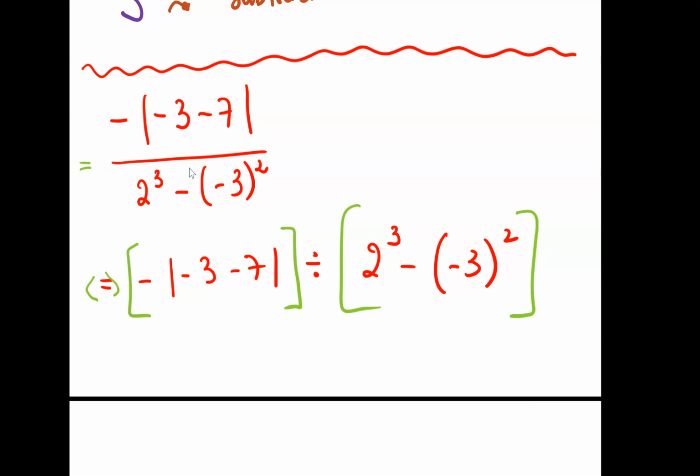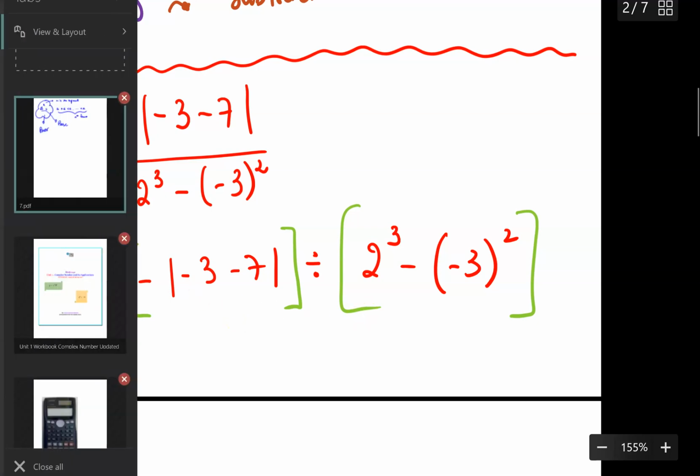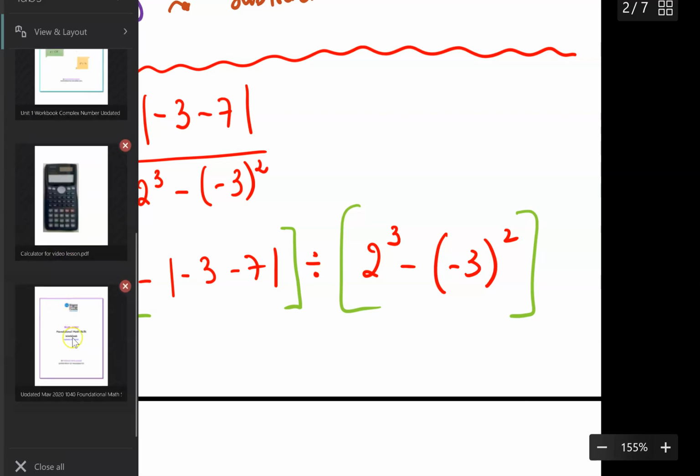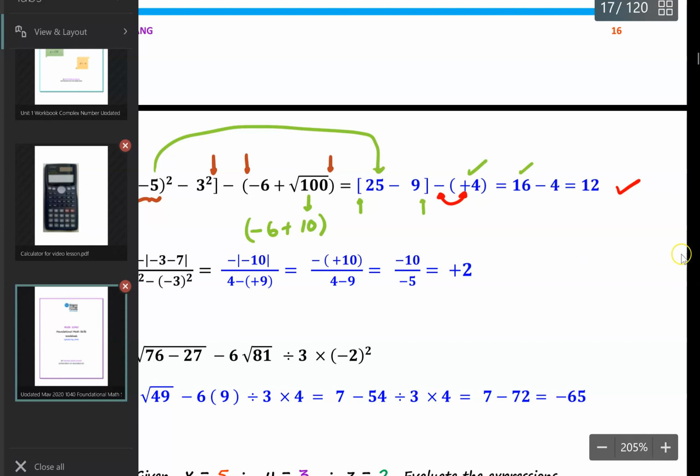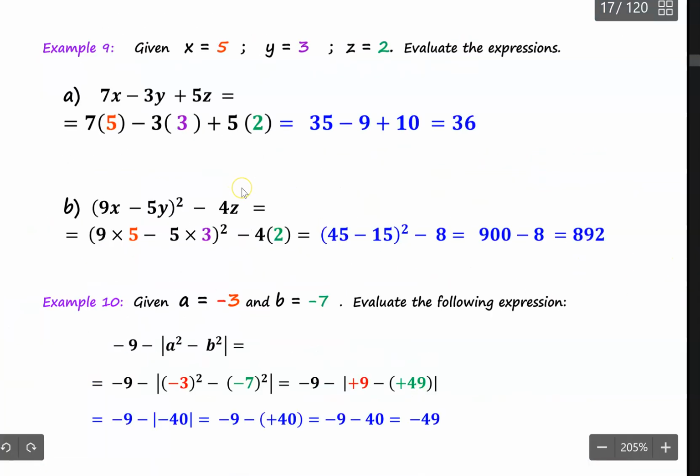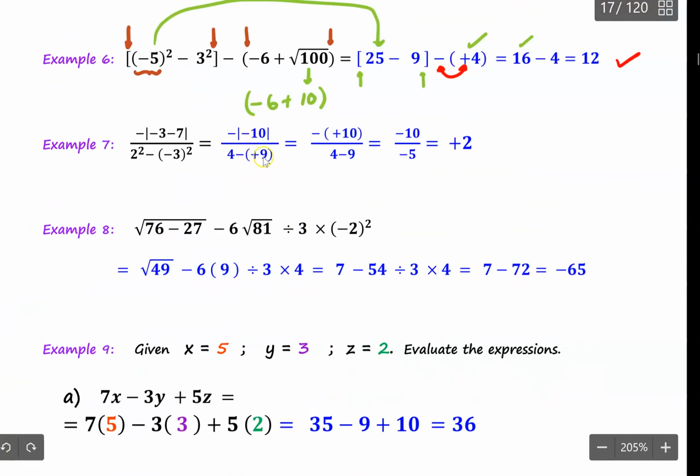You need to perform the numerators, okay, simplify the numerators, simplify the denominators, and then divide one into the other. You can do it in this case, or you can do it as what I've shown here for everyone, which is you start with the top, and then you start with the bottom.